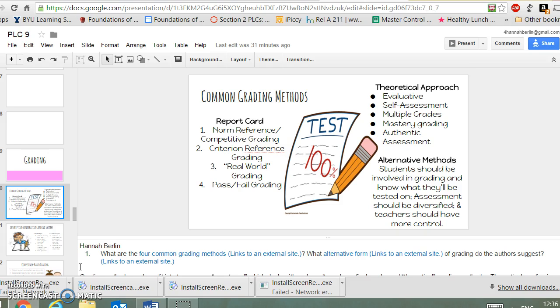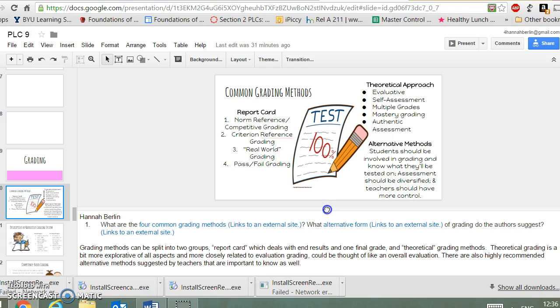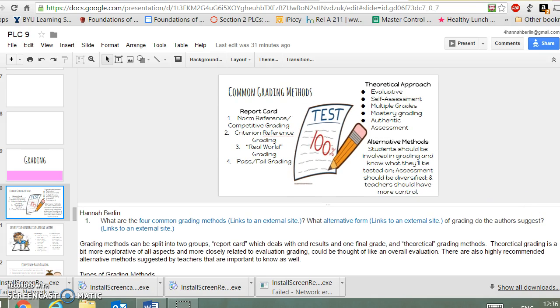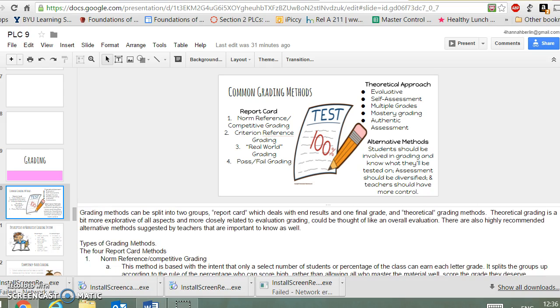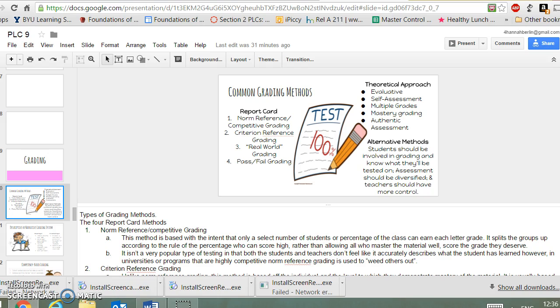But the first ones, those report card grading methods, the first one is norm reference or competitive grading. So we all kind of know what that is. When you're competing, we've talked about it like a grading, there's a bell curve, and grading according to that. So it's based on the idea that only a certain number of students are going to get a certain grade.